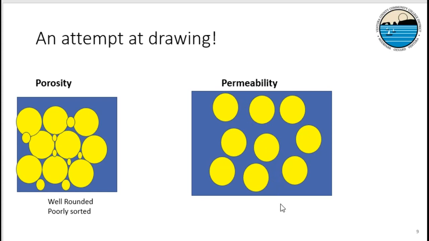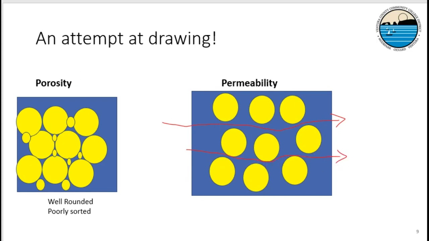So if I were to represent flow from left to right, flow would be able to very easily go between these grains, just like so. Not a lot of obstruction, okay?